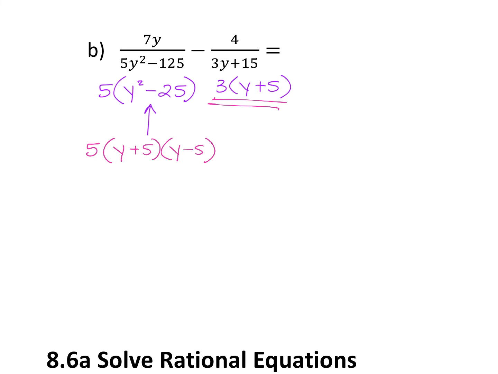We need what? A common denominator, right? Okay, so look at what we're working with. This on the left, this on the right. What is our common denominator going to be? 15.